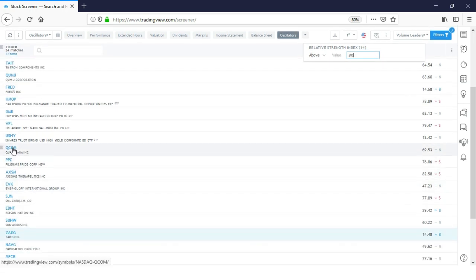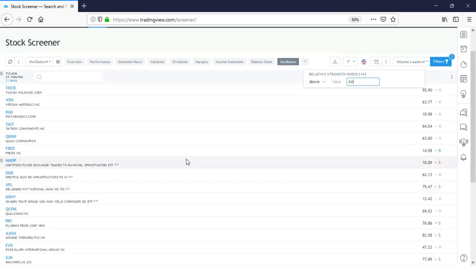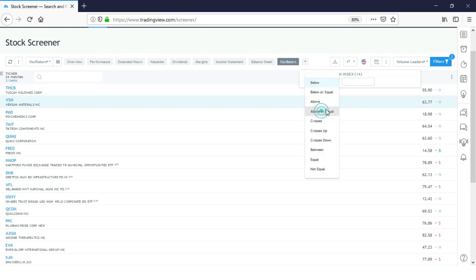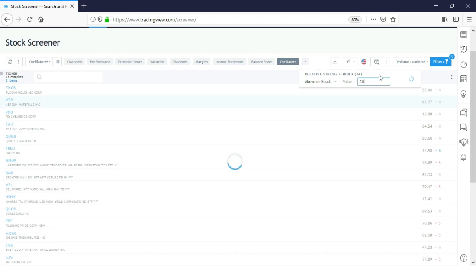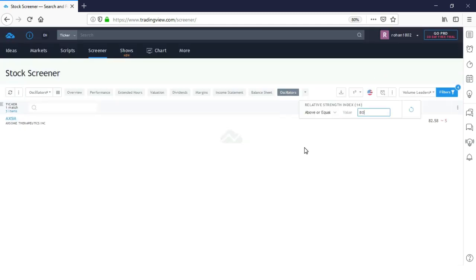As we see above 80, we can filter it again. It is above or equal to, the value is 80. Then we see only one stock where the RSI, relative strength index, is above 80. We just check it out.